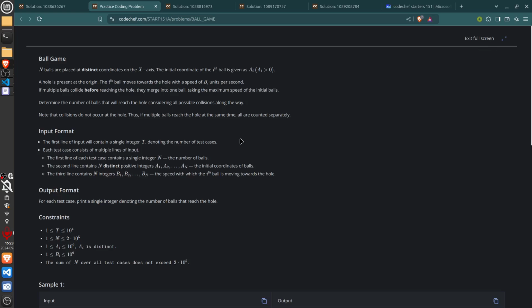So for this problem, you have n balls that are placed at distinct coordinates.